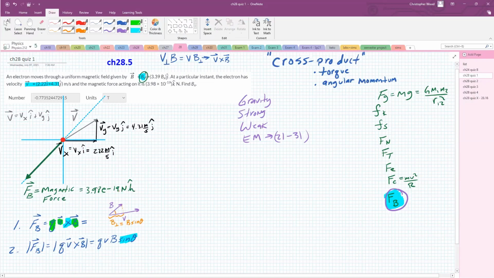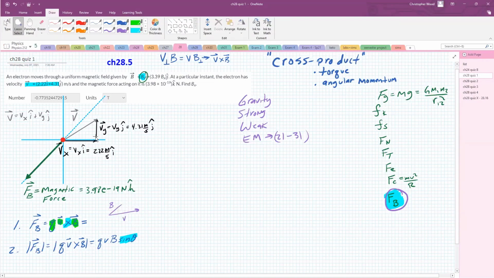Or what if you didn't want to find B perpendicular? What if I wanted to find v perpendicular? And you have to be able to be this flexible or have this insight. I have the same two vectors here, but I could do this.